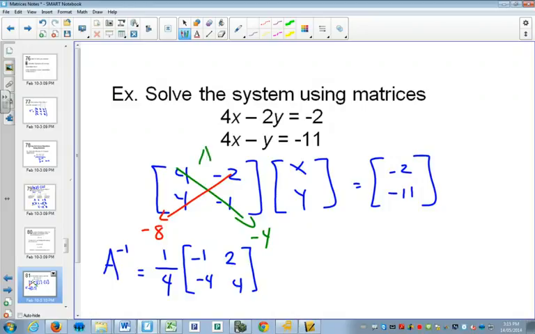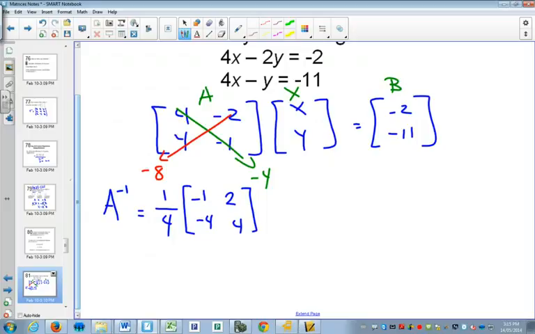Just to keep this simpler, I'm going to call this A, this X, this B. So we had A times X equals B. And if I put A inverse in front of both sides, A inverse times A is just the identity matrix.